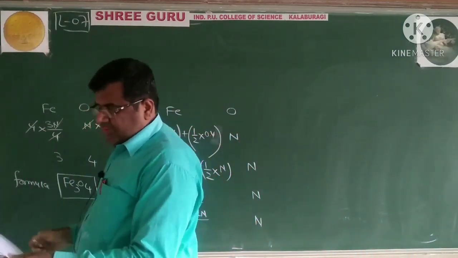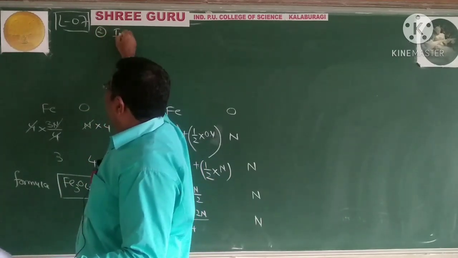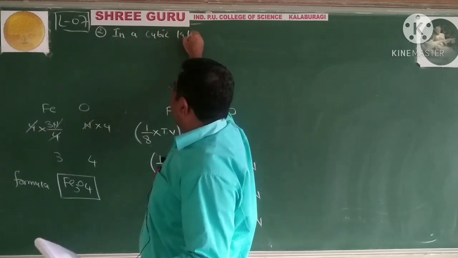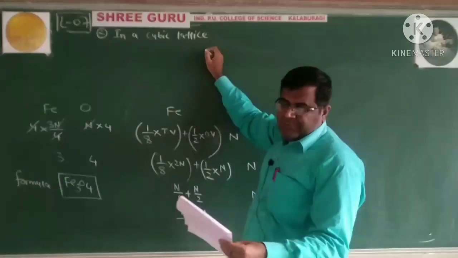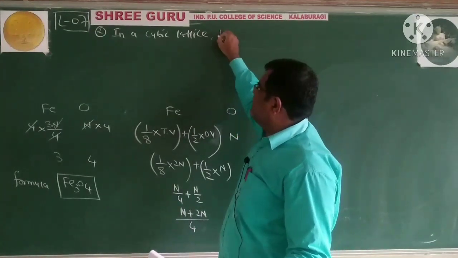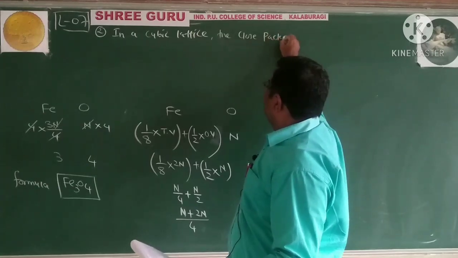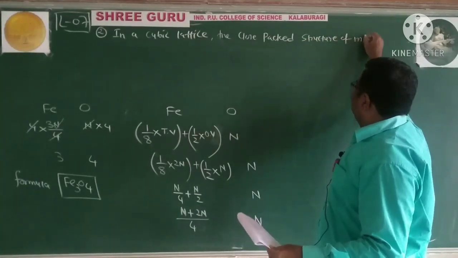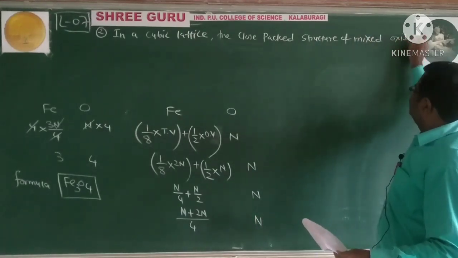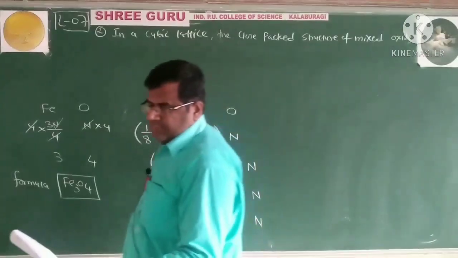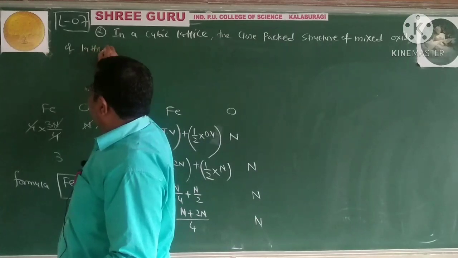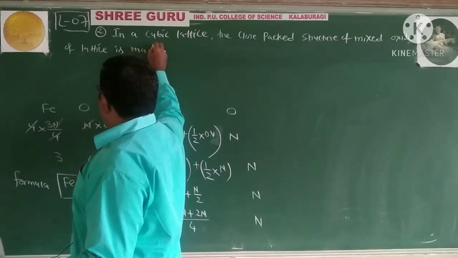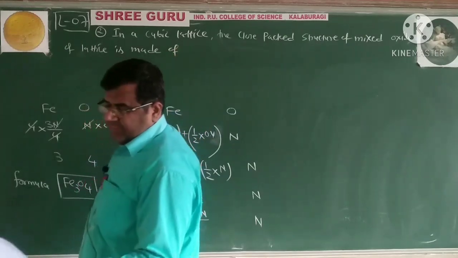Question number 2: in a cubic lattice, the close packed structure of a mixed oxide is made up of oxide ions.